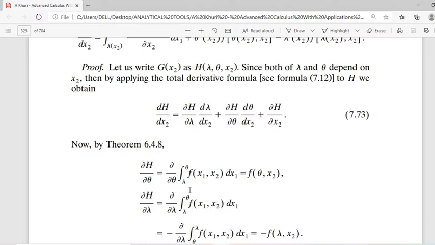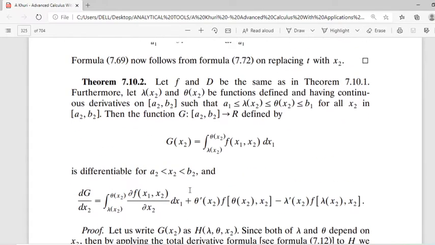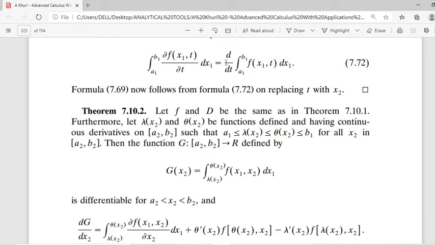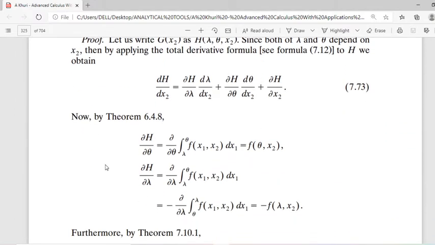We have used it in theorem 6.4.8: f'(t) equals small f(t), that is, h(t), so this is the case d/dt. So what do we write? ∂h/∂theta is equal to ∂/∂theta of that function h, which is nothing but h'(theta).